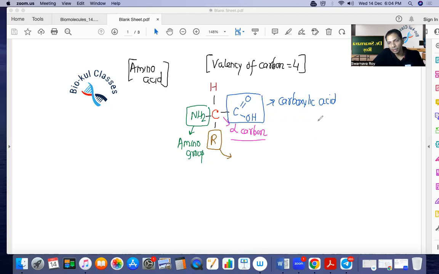Now, there are 20 types of amino acids, and these 20 different amino acids are a result of the varying R group.